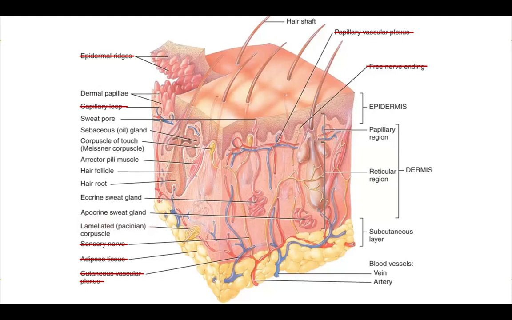All right, so moving down our list, let's jump down to here. We have eccrine sweat gland and apocrine sweat gland. So if we remember from comparing exocrine and endocrine glands, we were focusing on exocrine in this semester's course. So those glands are going to be secreting actual products through ducts.